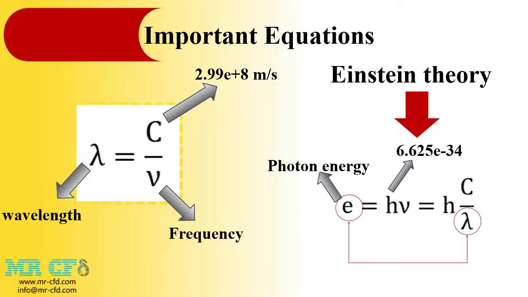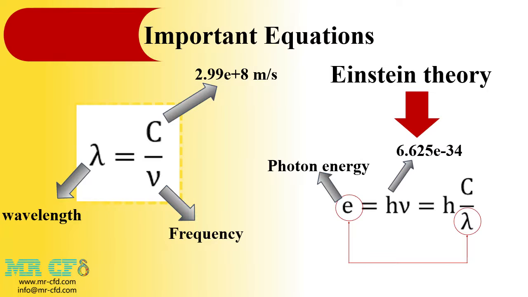We go to Einstein's theory, where it claims that the transfer of energy due to the emission of radiation waves is equivalent to the transfer of energy packets, called photons. Each energy package has a frequency equal to nu, so the energy of each of these packages is given by this relation.